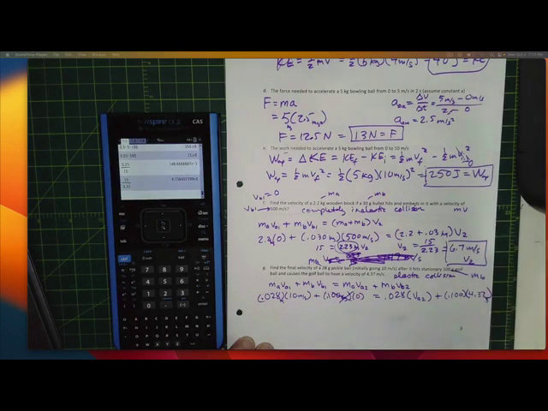Alrighty, so we can bring this to the other side. So we'll have 0.028 times 10 minus 0.100 times 4.37 equals 0.028 VA2. Then divide through by the 0.028.